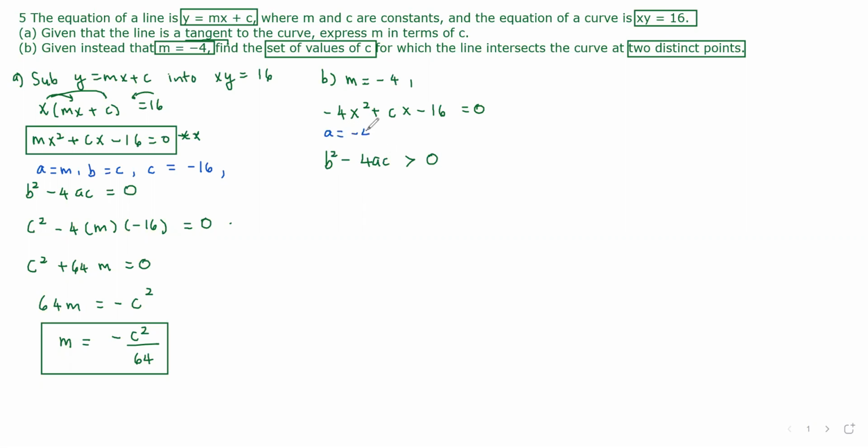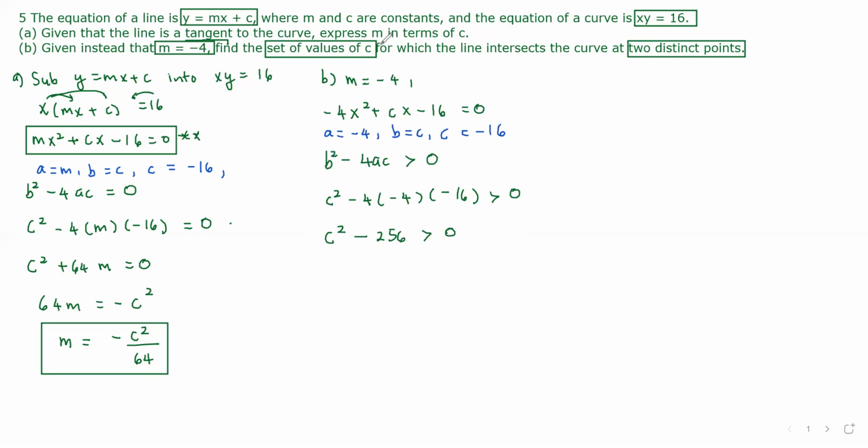Here a is negative 4, b is c, and c is negative 16. The discriminant becomes c squared minus 4 times negative 4 times negative 16, and this is greater than 0. Then we have c squared minus 256 greater than 0.